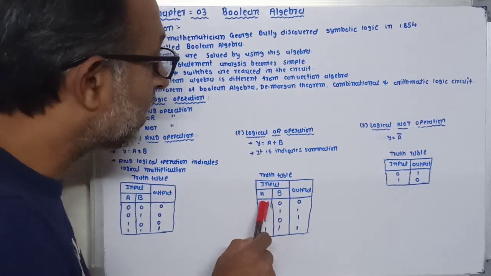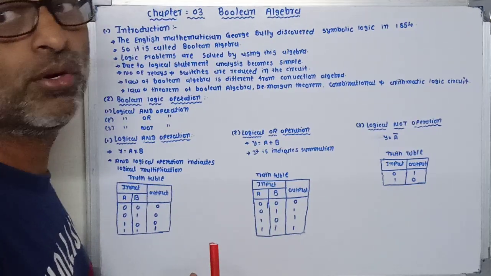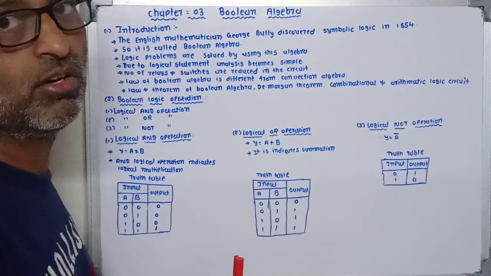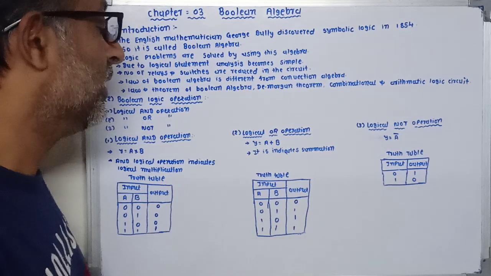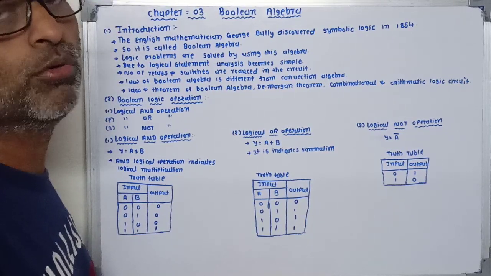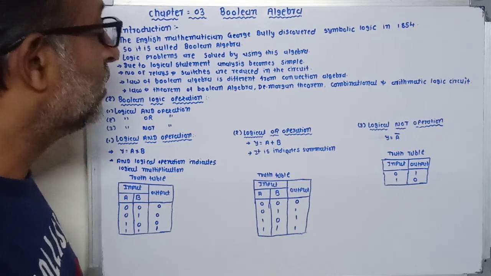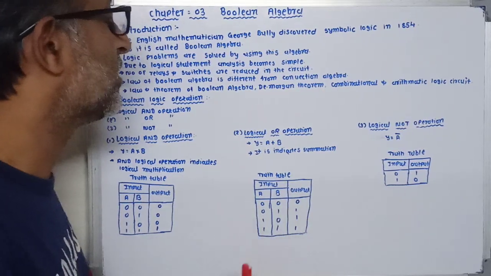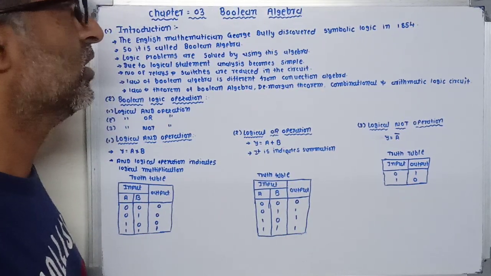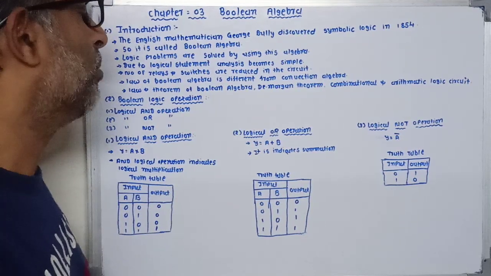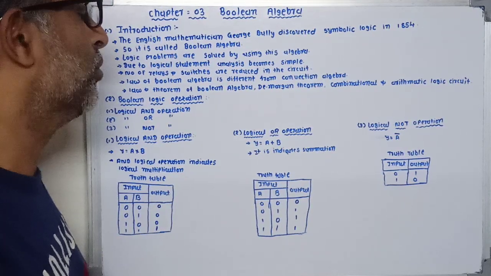When the inputs A and B are at 0 level or low level, at that time our output is 0. It is most important. This truth table indicates the summation or addition operation of the given inputs.